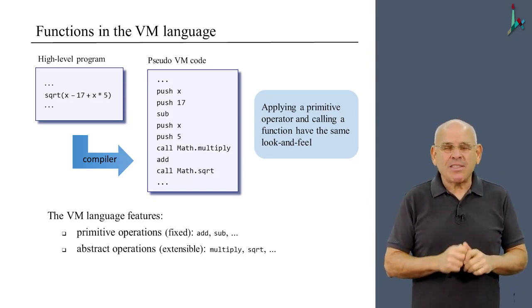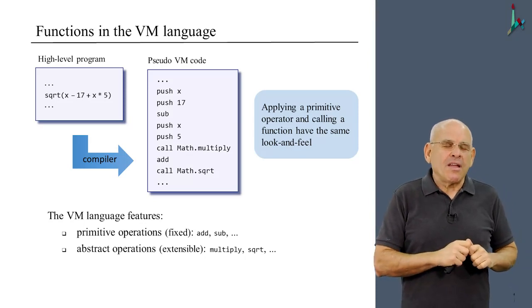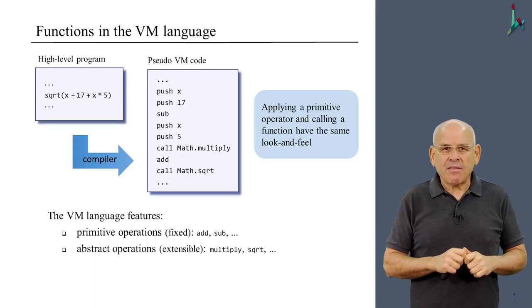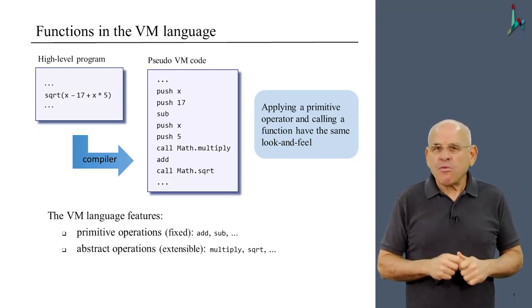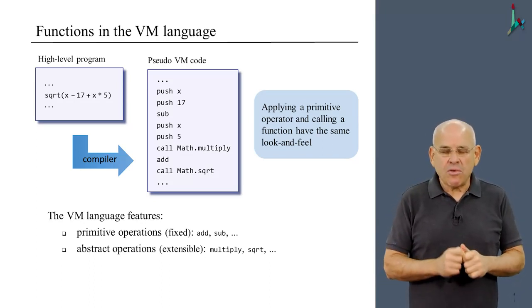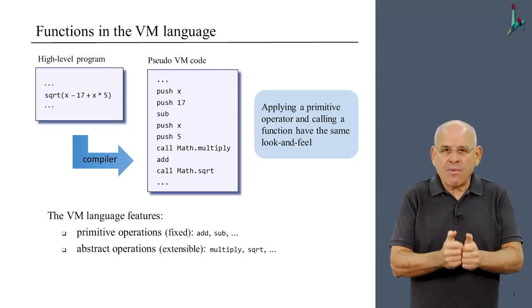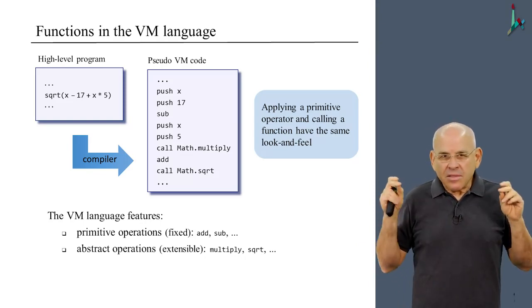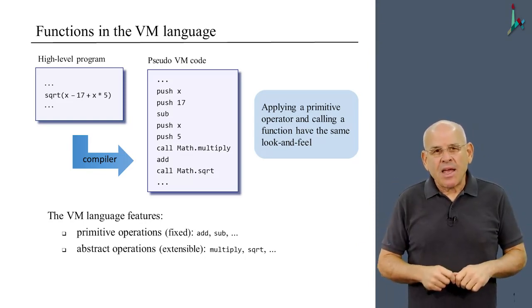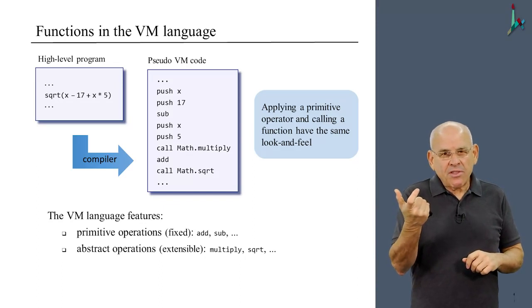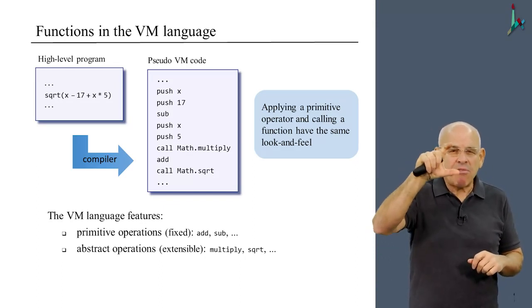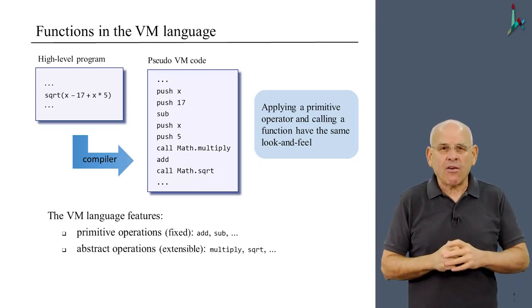If you want to call a function that expects to get, let's say, 3 arguments, then here's what you do. You push the 3 arguments onto the stack, and you call the function. And then some magic happens, and the result of the function is going to replace these three values that you pushed earlier onto the stack.